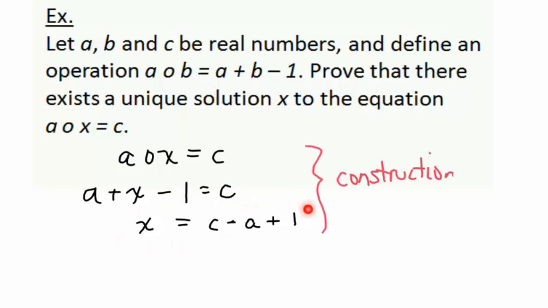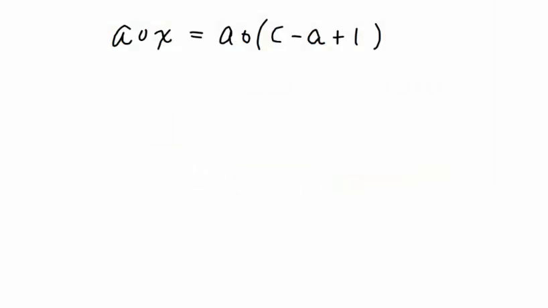So now that we've constructed a possible solution to this equation, A circle X is equal to C, let's show that it does indeed satisfy the equation. Making the substitution, we get A circle C minus A plus 1, and using the definition of our circle operation, this is going to give us A plus C minus A plus 1 minus 1.